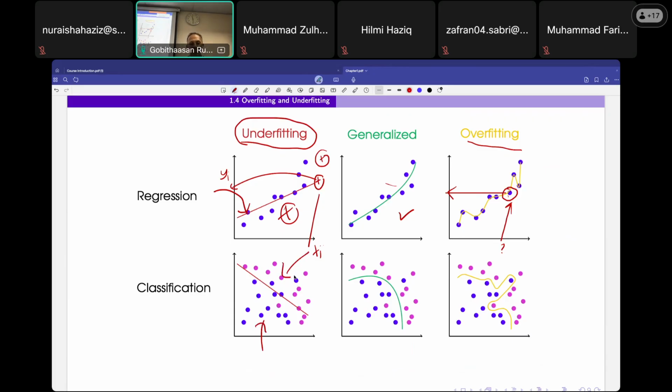The first one here doesn't really work because you see a lot of errors, right? But a better suited model will be this. If a point falls here, I know it's highly likely going to be blue, not magenta. Of course, it made a mistake here. It's okay, right? Not bad.